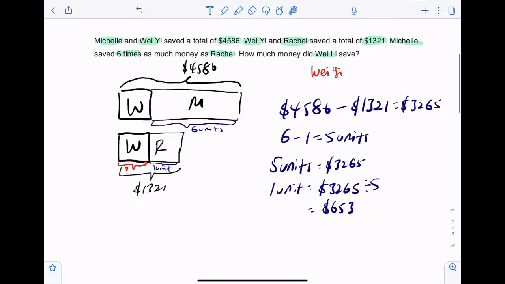Since 1 unit is $653, we take 1,321 and take away 1 unit, and we will be able to get Wei Yi's amount. So Wei Yi's amount will be 1,321 take away $653. Final answer for this question: $668.